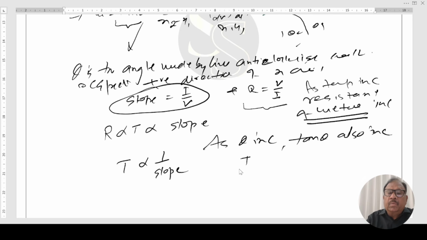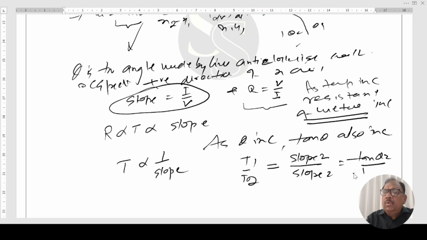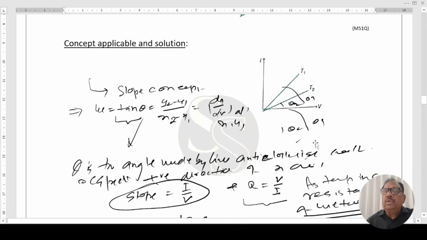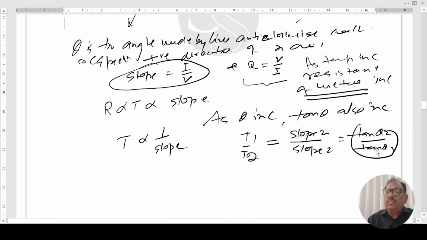T1 over T2 will be equal to slope 2 over slope 1, that is tan of theta 2 upon tan of theta 1. See this factor, tan theta 2 upon tan theta 1. Tan theta 2 is this, tan theta 1 is this. So this is less than 1.